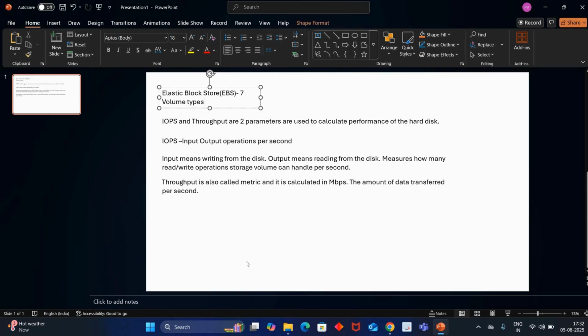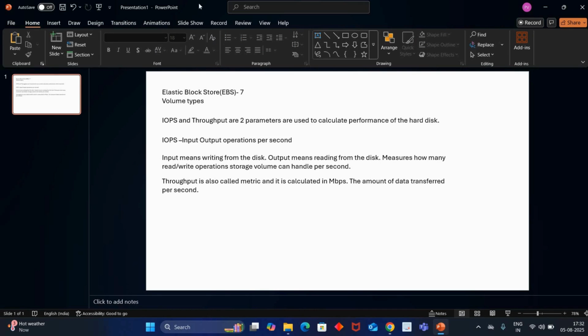These 7 volume types are first divided into two categories: SSD and HDD.